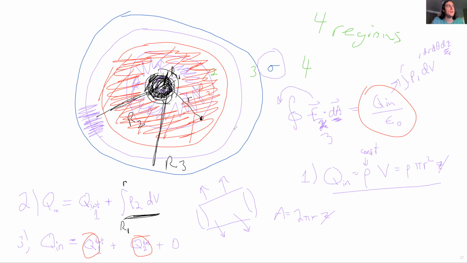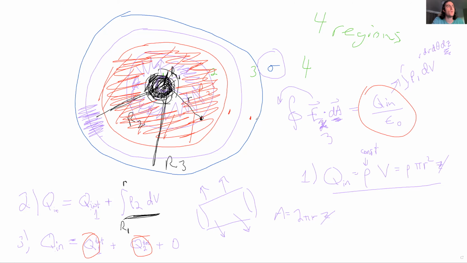And so as we get further away from the charge inside, from the red region, as we get further and further away, the electric field should decrease. So here the electric field is actually bigger than here. The electric field should decrease as we approach the surface of the blue cylinder. Okay?